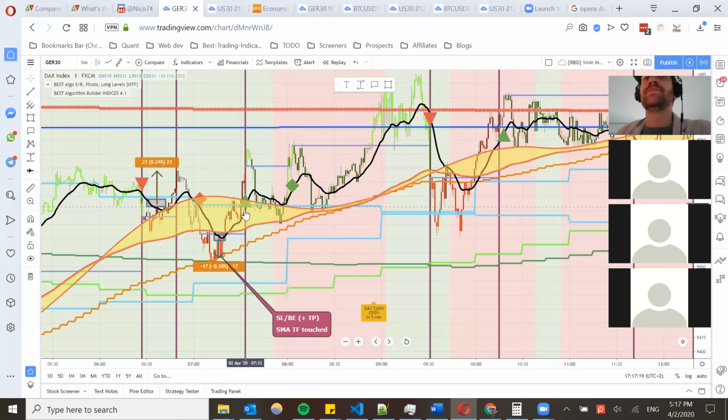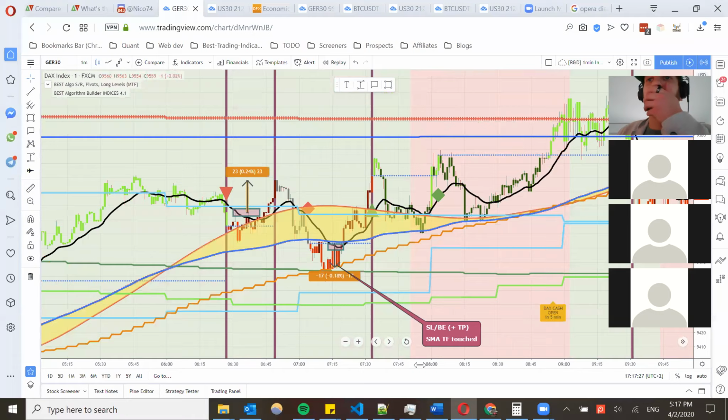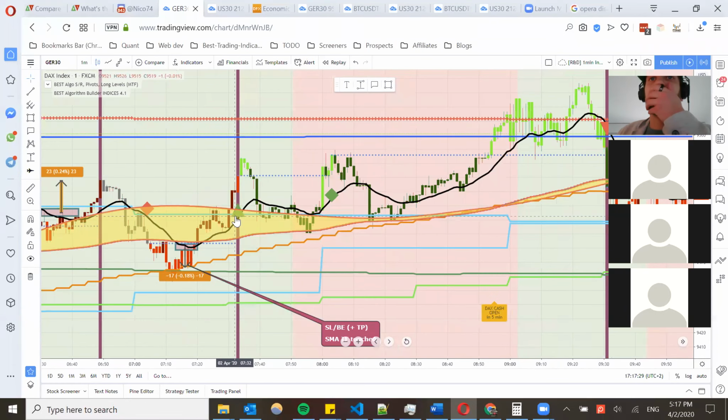Yeah. I have a question for that one, because it's in the cloud, right? So it's past EMA. It's supposed to be further on the right, isn't it? Yes, but here, if you do that, then you're in profit because you aim for the blue resistance and then you enter in the cloud, past EMA.